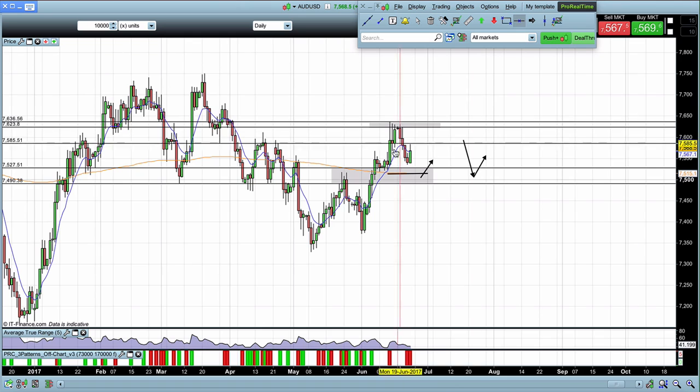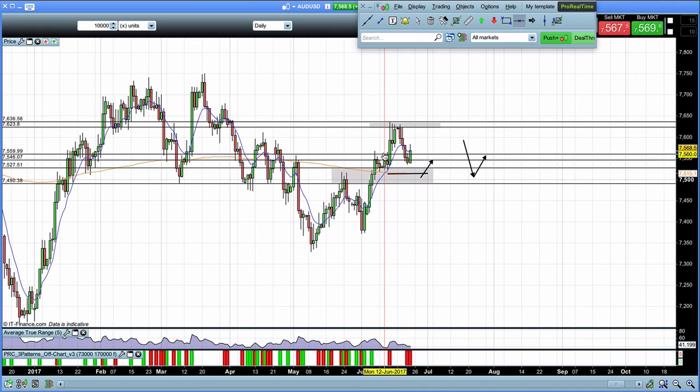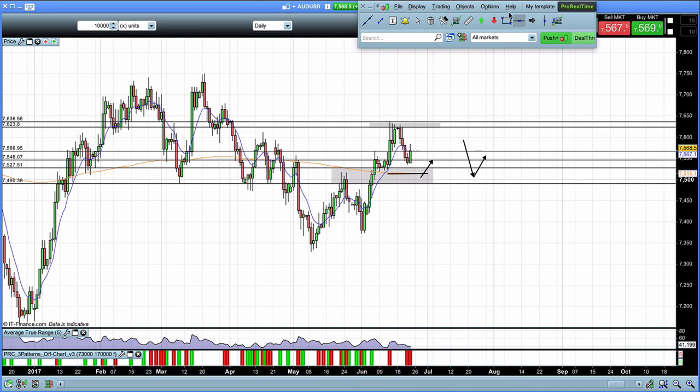Now up above we also have still those key levels right here. So the zones are really almost exactly the same. What we'd be looking for here is if this market breaks back above, then we see the pullback.